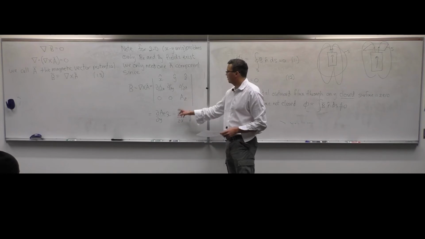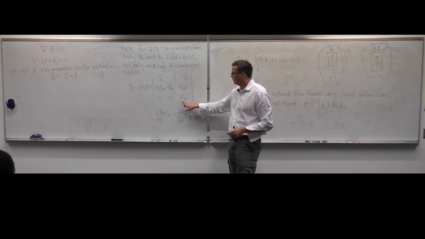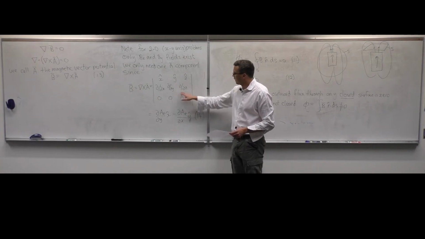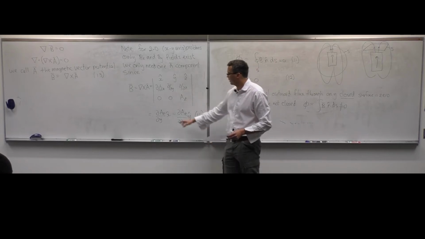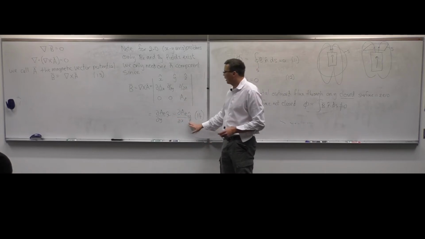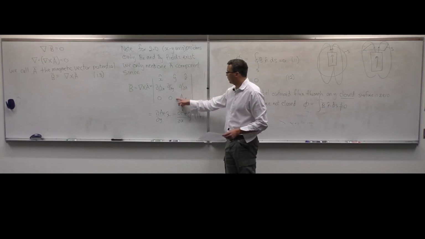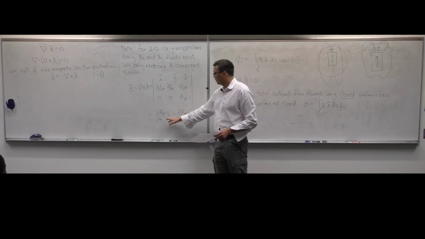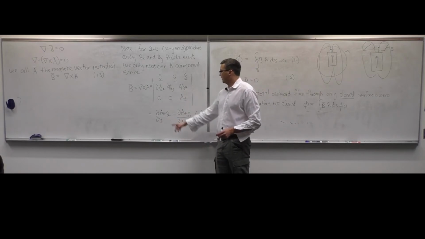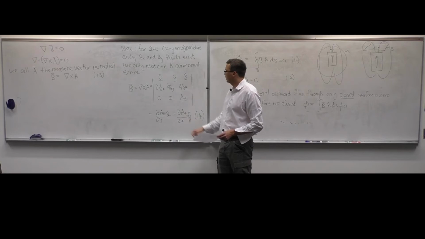So what this is telling you is if you can define your problem, if you have a 2D problem and you want to know what the field is in the x and y directions only, then if you solve your problem only for AZ, only for one component, you can then determine what the magnetic flux density in the x and y direction are.